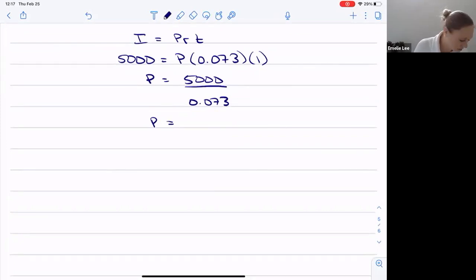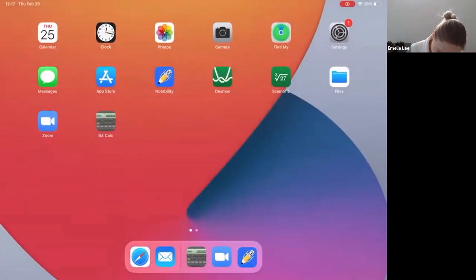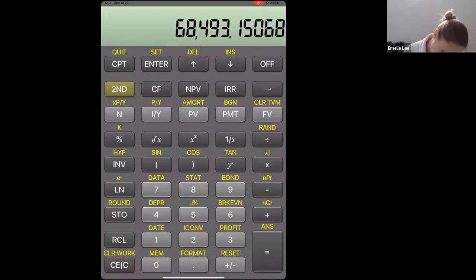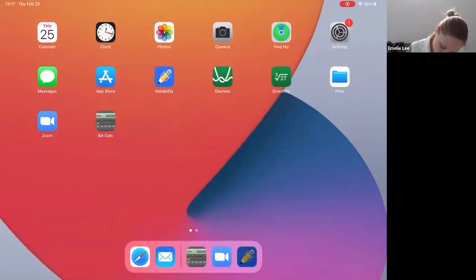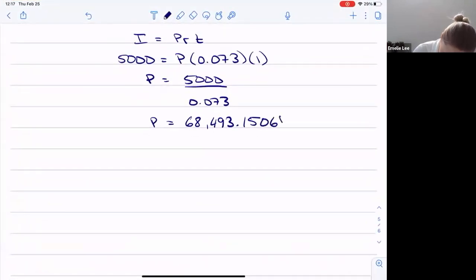It became 68,493.15068. Remember, Moodle doesn't like the commas.